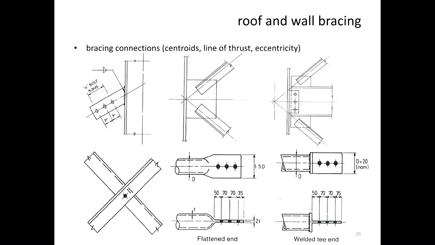The most important thing that we tend to do as engineers is to make sure that the line of action of the bracing intersects at the same centroid of the main member. Because if that does not happen, it means you will have eccentric load, in essence.